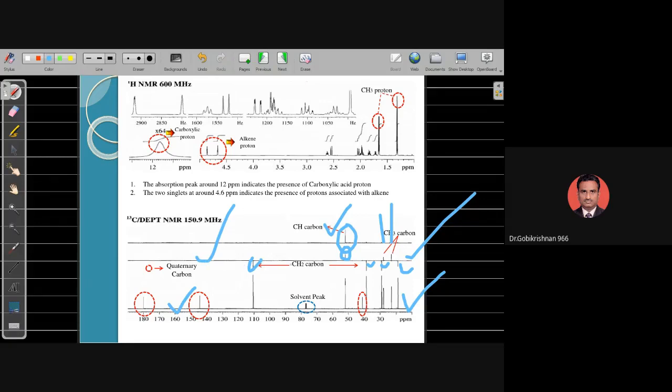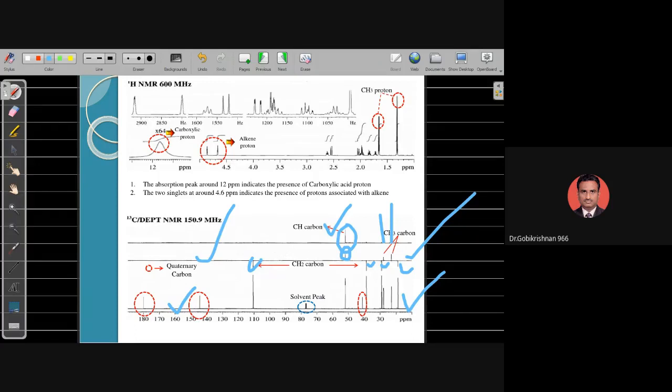In this spectrum, some lines are facing downward. All of you listen. Those carbons indicate CH2 carbon. Good. And some carbons will have an upward peak.